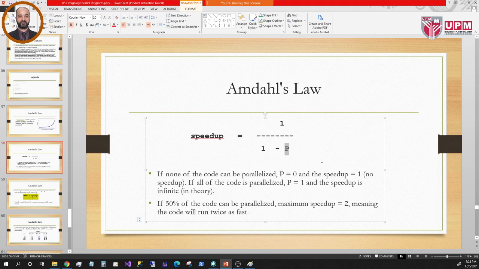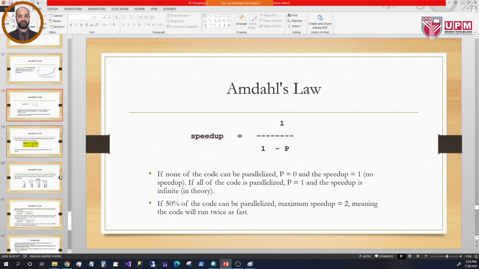But if you have the execution time of the sequential program and the execution time of the parallel program, then you can correctly calculate the speedup. So maybe this law could be used in the initial stages to estimate whether the program will provide some speedup if we make it parallel or not, before we start parallelizing the problem.